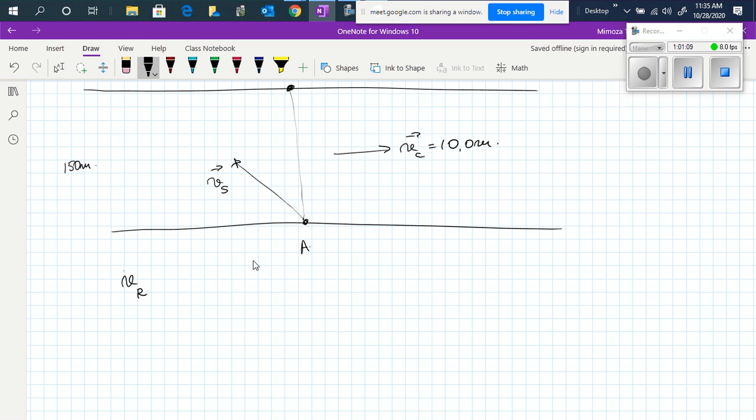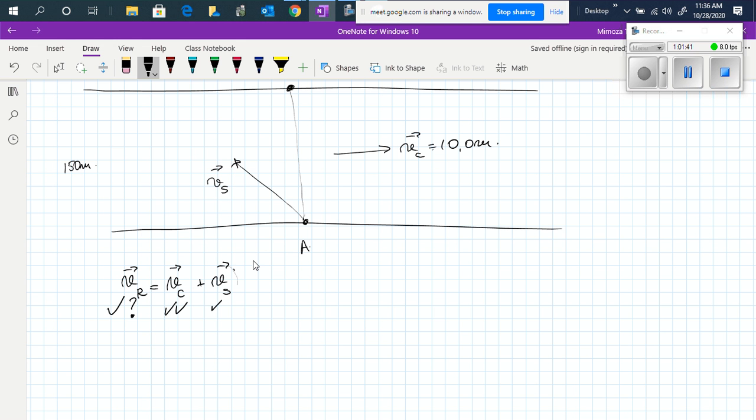Now we will start as always that the resultant velocity is equal to the velocity of the current plus the velocity of the swimmer. And in this relationship, we know the direction of the resultant velocity, but not the magnitude. For the current, we know both the magnitude and the direction. And for the swimmer, we know the magnitude, but we don't know the direction.